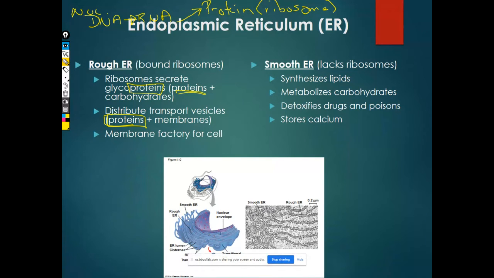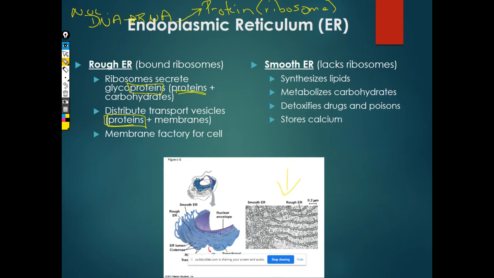One of our goals is to focus on what I only need to remember, one or two things. Proteins is still our big thing. If we compare that to the smooth ER, remember our rough ER is rough. If we look at our photo down here, we have the two types.